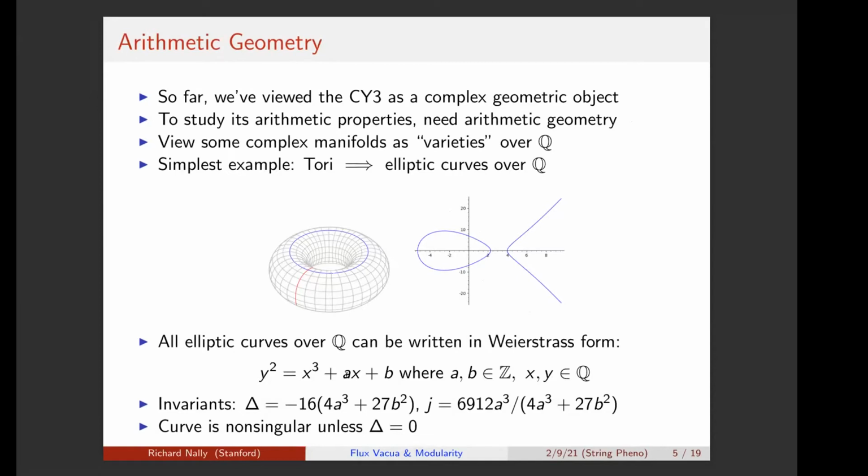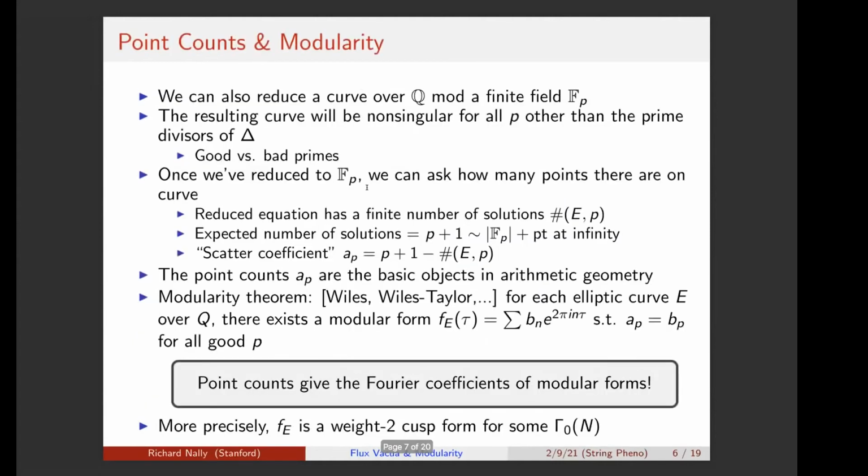And then you let x and y only take values in F_p. So 0, 1, 2, 3, dot, dot, dot, p minus 1. And then you check what points satisfy this equation mod p. And as long as my prime p, the p with respect to which I'm reducing, doesn't divide delta, the curve will be non-singular. And we call a prime p good if delta is non-zero mod p and bad if it is 0.